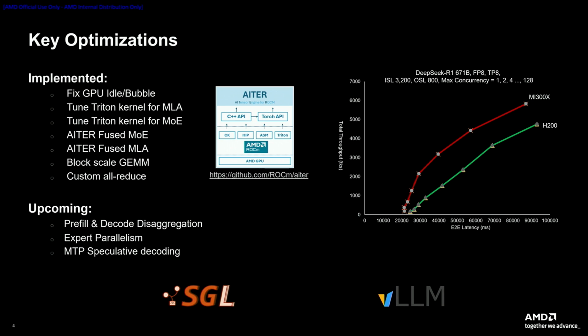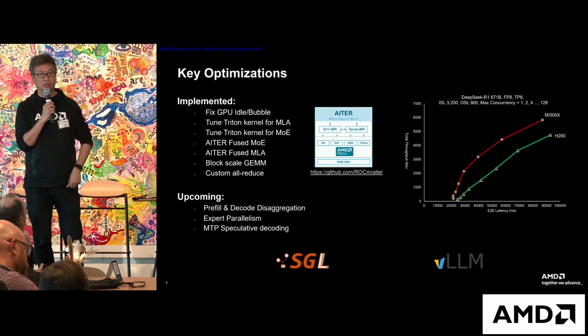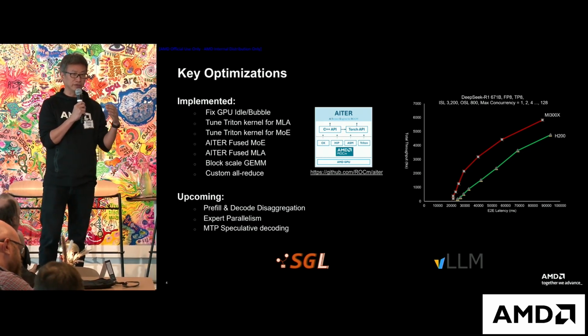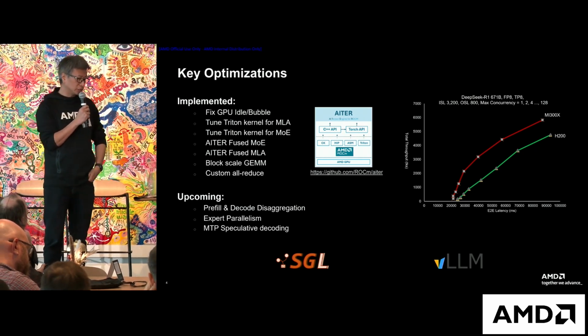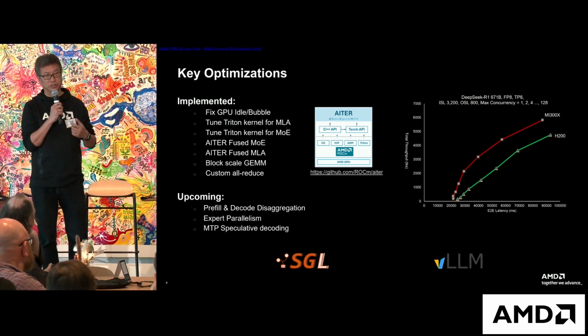We spent quite a bit of time tuning those Triton kernels, including the Triton MoE kernel and the Triton MLA kernel. At a certain point, we found that we were reaching the limit of what we can achieve with Triton, so we had to build more performant kernels on our own.